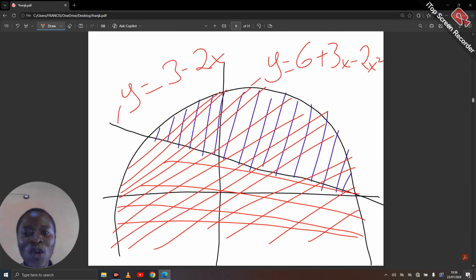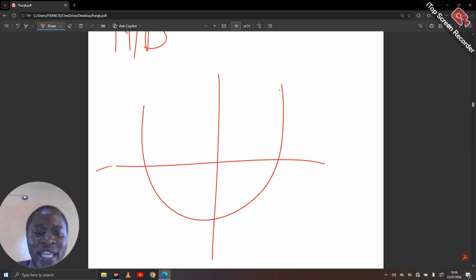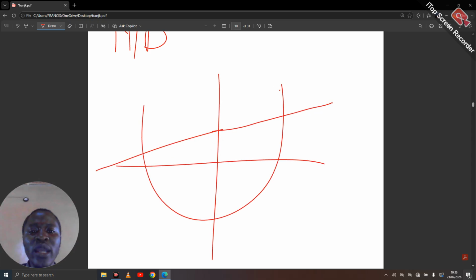Like in this case, who is at the top? Obviously, it is the function. Sometimes a Cartesian plane will be like this and the line cuts across this way. What is at the top in this case? It is the line. What is below it? The curve, or the function itself.